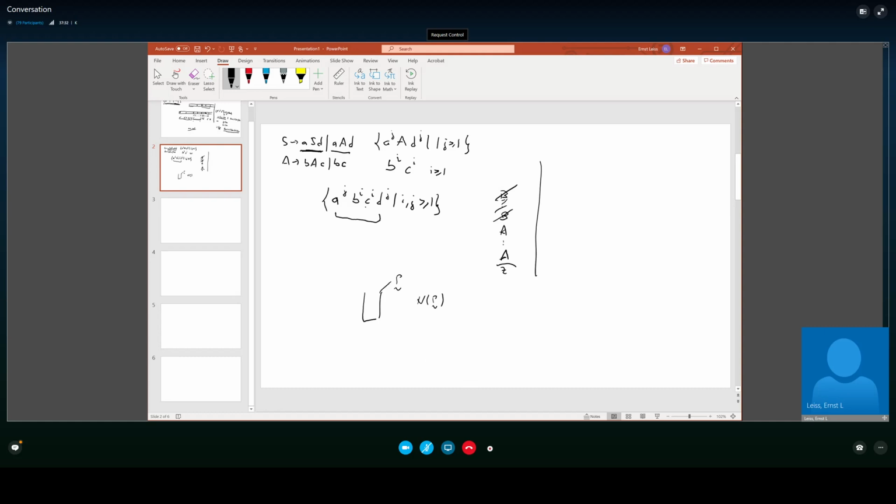So you have to basically simulate the P by putting a Z0 prime. So this is a new stack symbol, new initial stack symbol. New meaning that it doesn't exist in P.